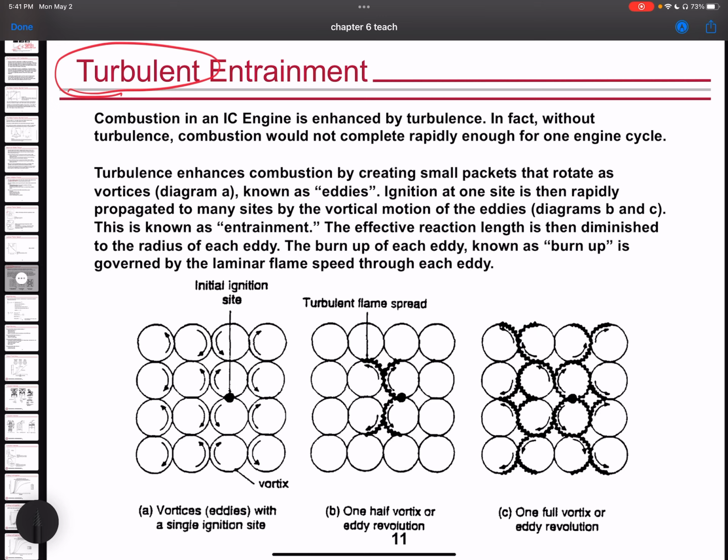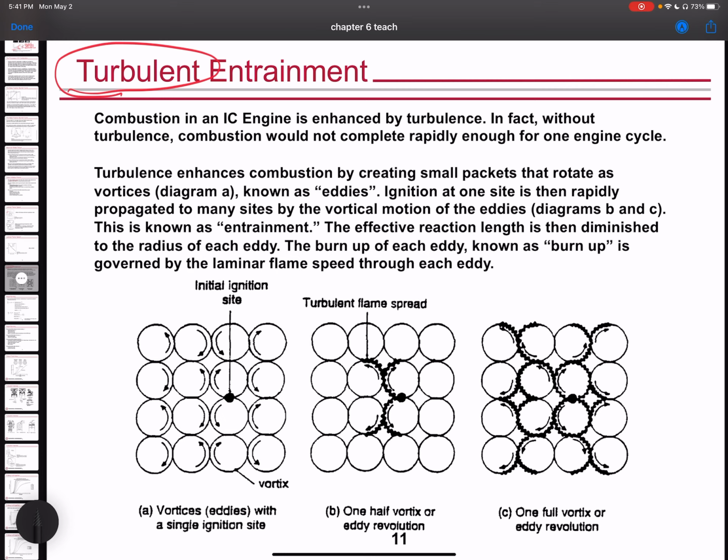And so that's the idea of turbulence: we're very quickly able to spread the flame throughout the entirety of the mixture. And then once you have a fuel-air eddy engulfed in flame, being a much smaller diameter, it can burn laminarly, as governed by the laminar flame speed, but your distance is much, much shorter.